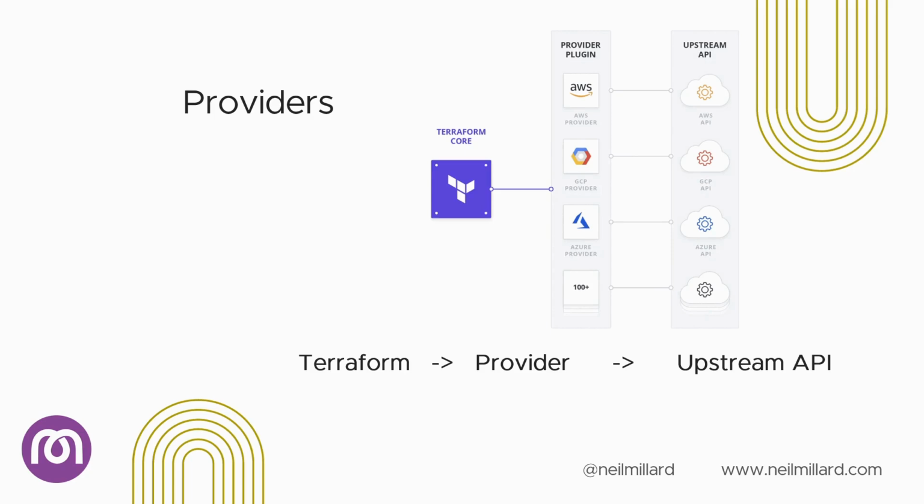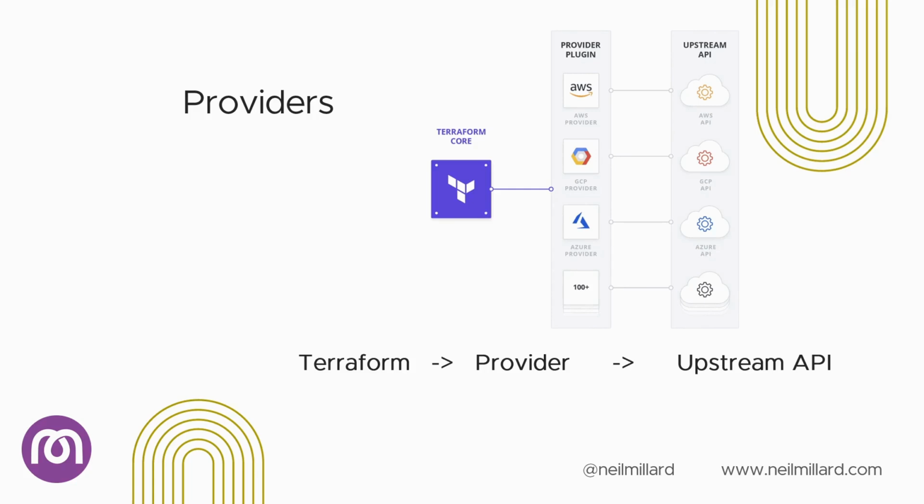They have application programmable interfaces that we can write a program in order to then manipulate stuff within those environments. The program in this case will be the Terraform provider. So there's an AWS Terraform provider that talks to the AWS API. So by using Terraform, talking to the Terraform provider, it can then talk to the AWS API and provide and destroy resources that are provided by AWS.